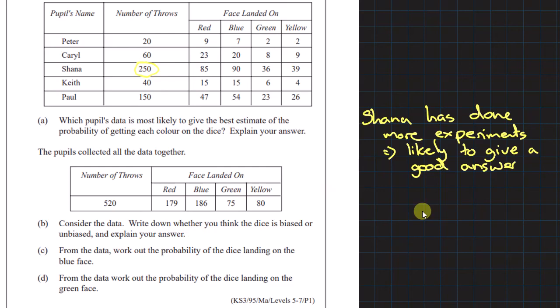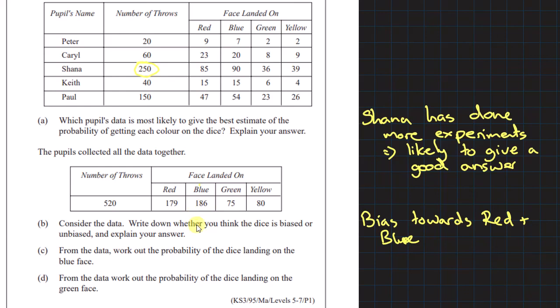And when you say bias, towards which value? So I would say this is bias towards, we're going to get more reds and blues, because there are more of them.